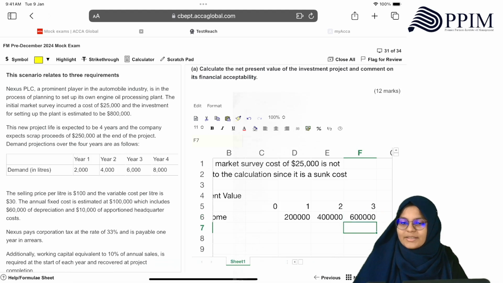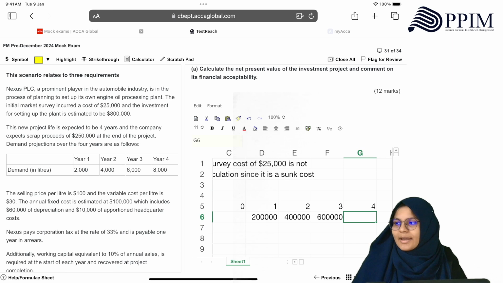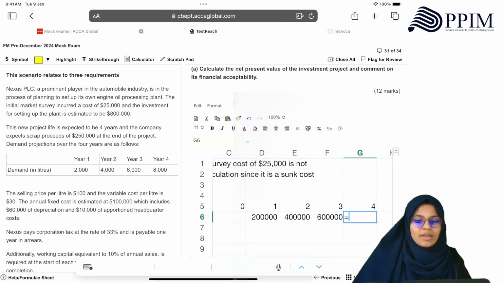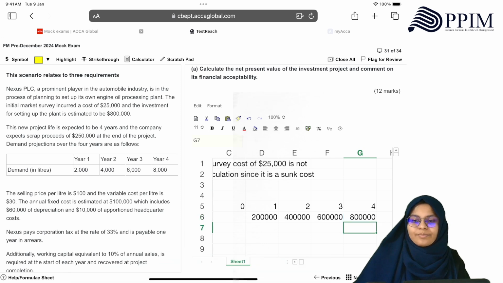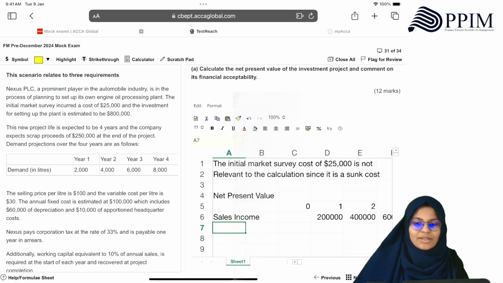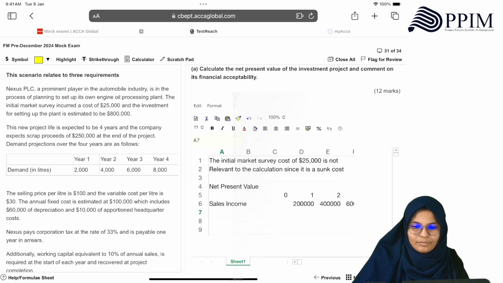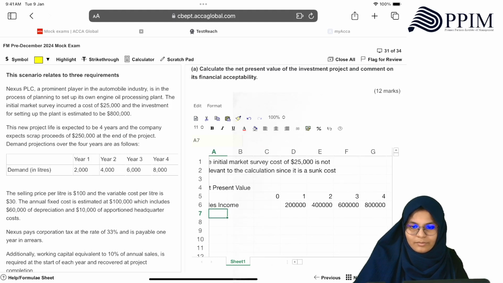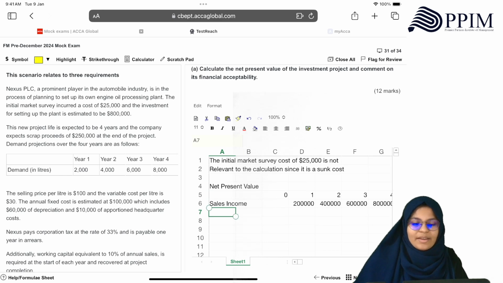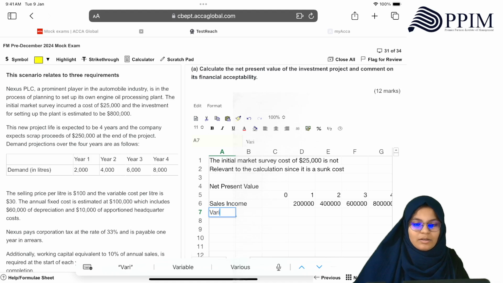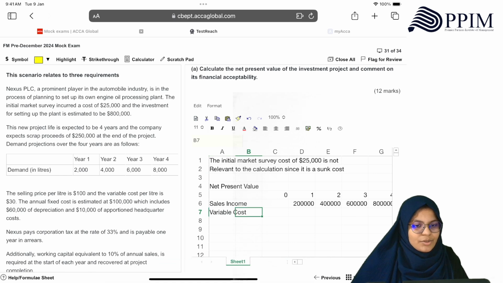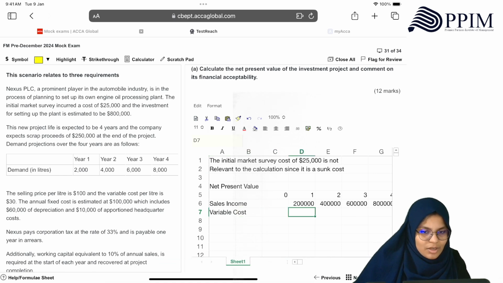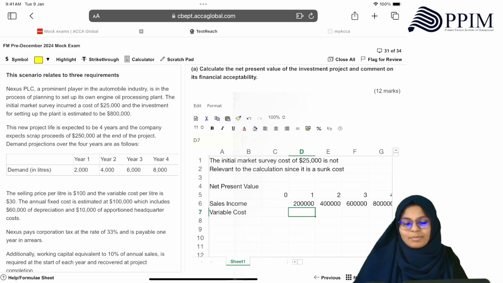Put the formulas because then even if you make a mistake, the examiner can give you the mark for your calculation. Okay. Then 8,000 demand into 100. 800,000, right? So that is the sales. Okay, then we have the variable cost. So here also they are telling me the variable cost is $30 per liter, right?